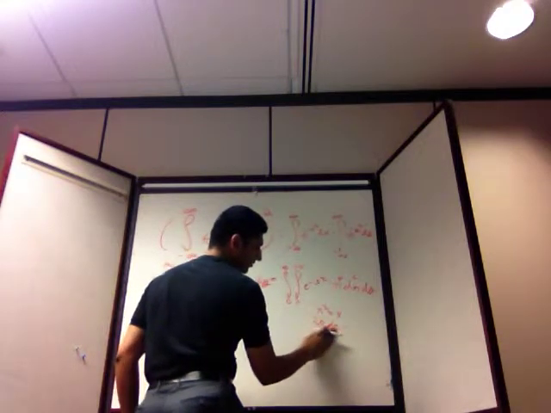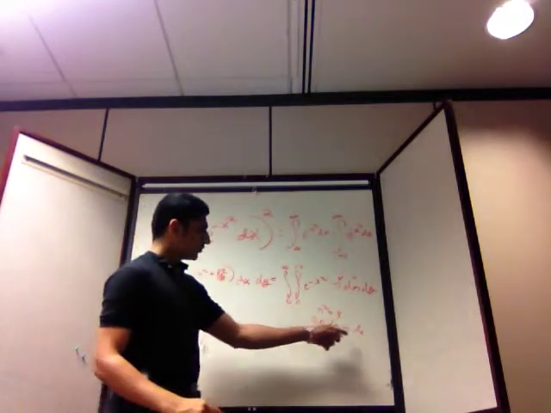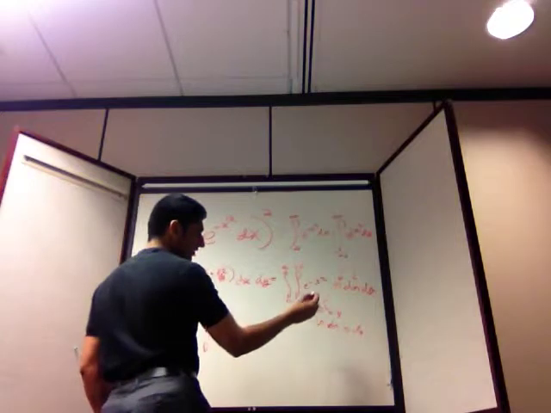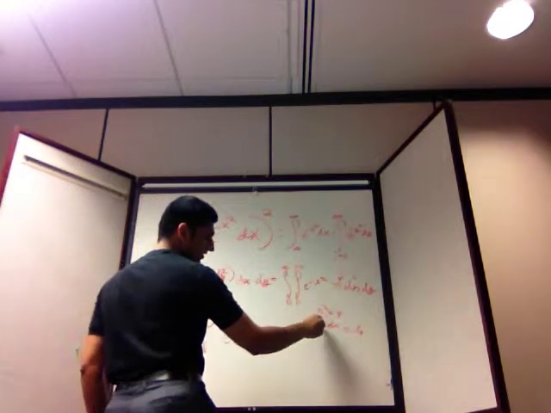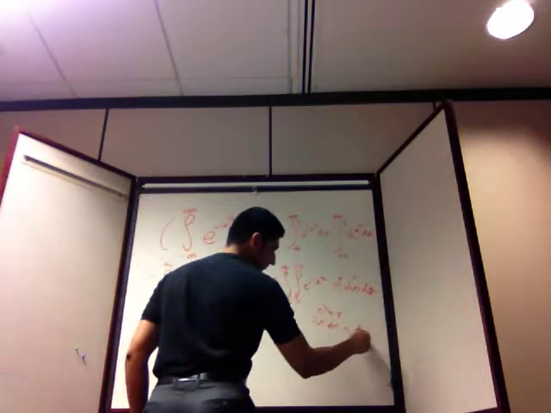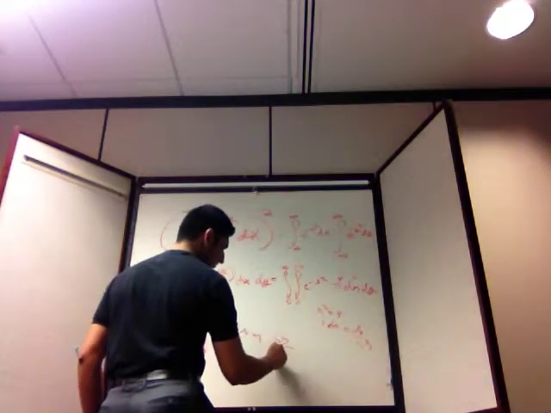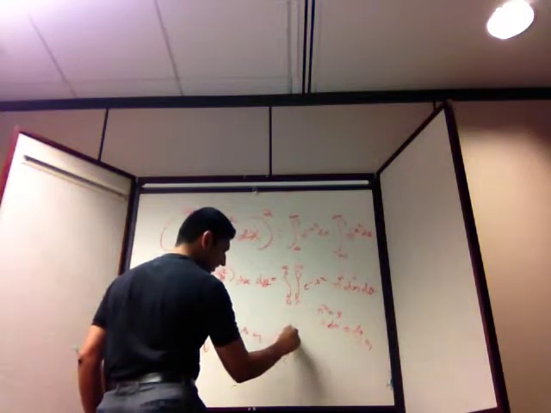Also 2r dr equals ds. So dr is equal to ds by 2r. So I get r, and dr is ds by 2r. Sorry, bad handwriting.